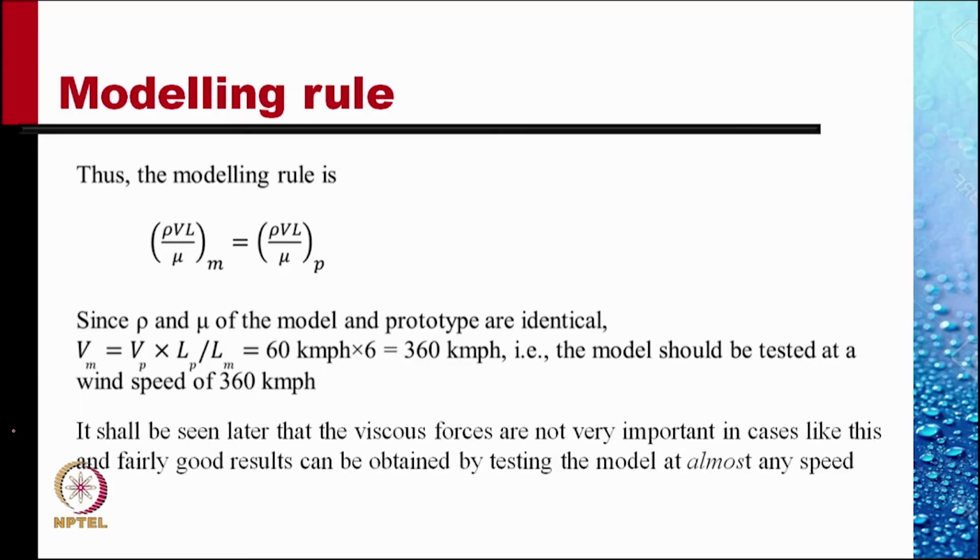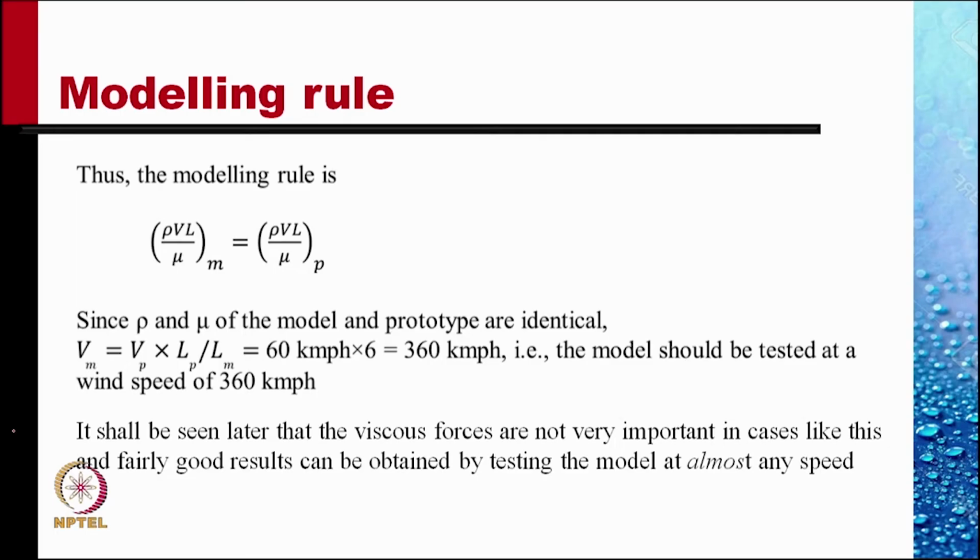It shall be seen later that the viscous forces are not very important in these cases. When the Reynolds number is very high and the body is blunt or bluff, as an automobile typically is, the viscous forces are not very important for drag modeling.